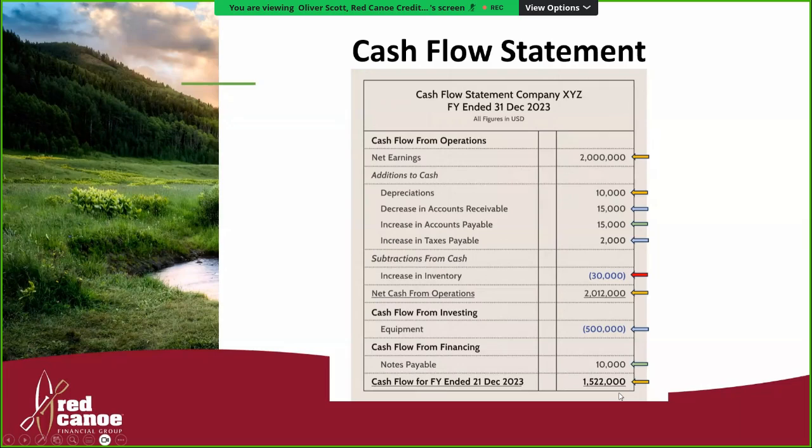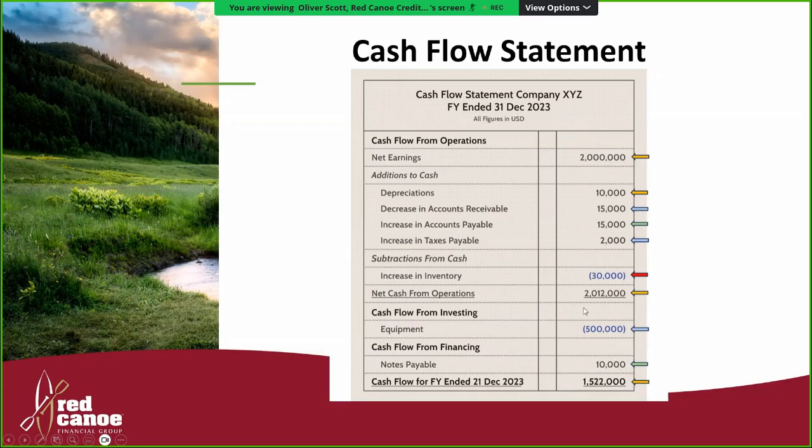And the other thing that I wanted to say about it is that while the net cash from operations is the main analysis tool that we use, it is important to see that a business from its operations is able to fund its own investments, right?